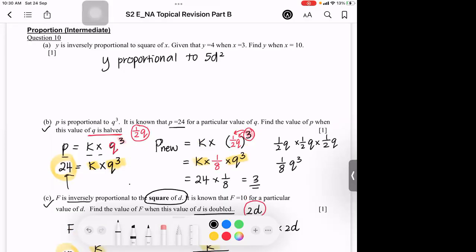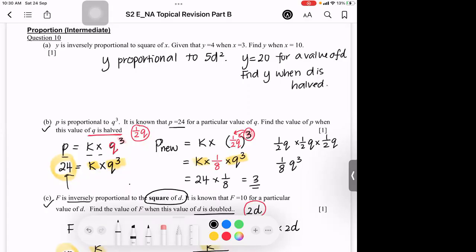Then I give you Y equals to 20 for a value of D. Find Y when D is half.